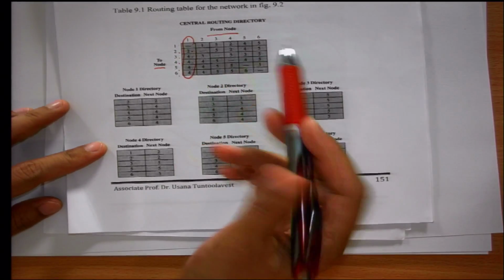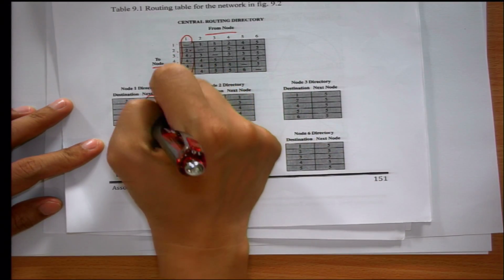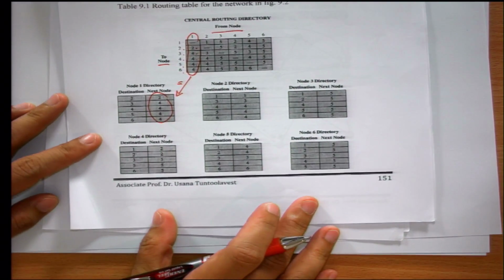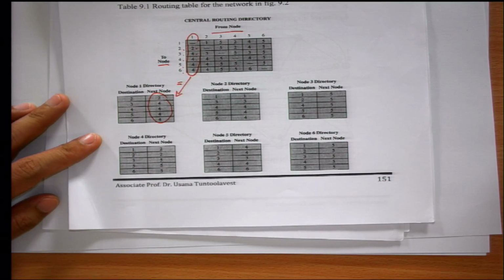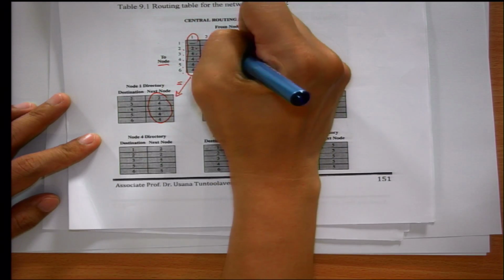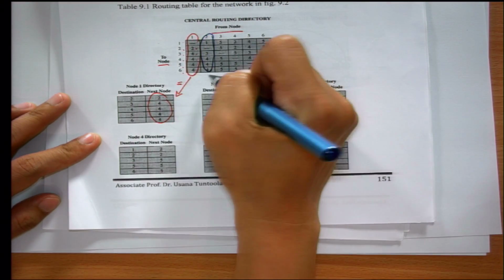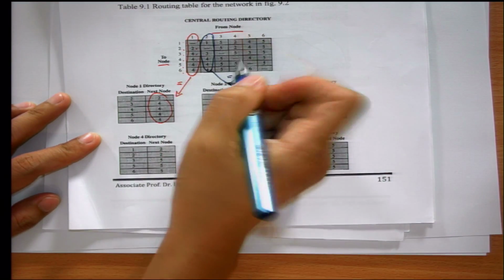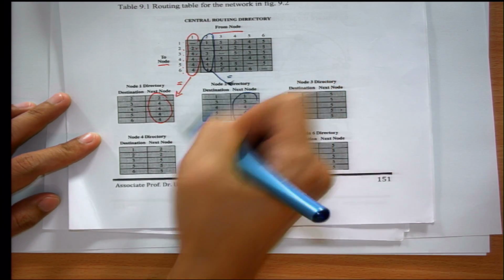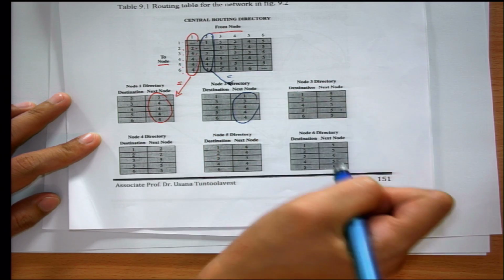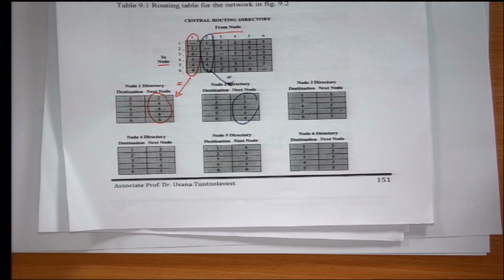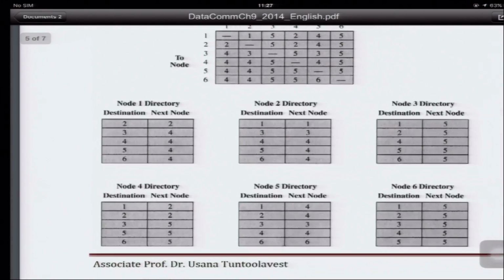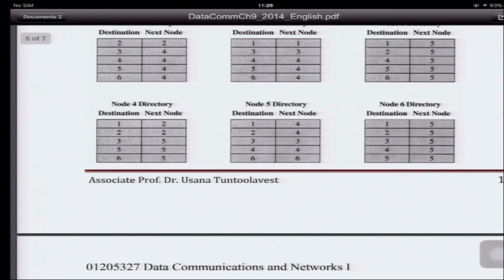This is the same as this. And the second column will be the same as for node 2, and the others will be the same as the node 3, node 4, node 5, and node 6 tables. So you have the centralized table and you have the values for each of the node directories.